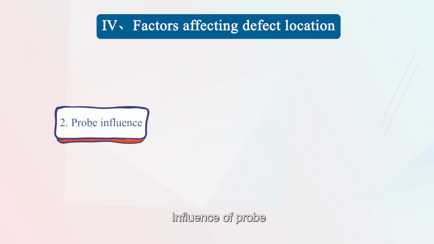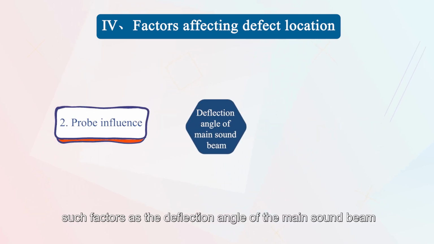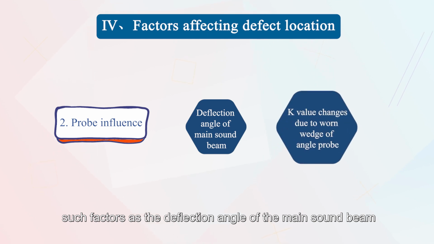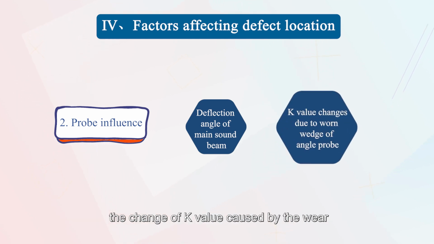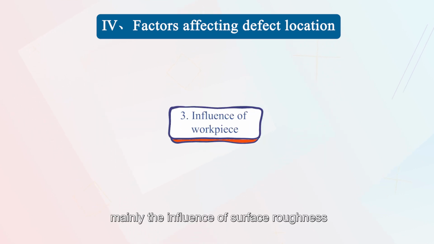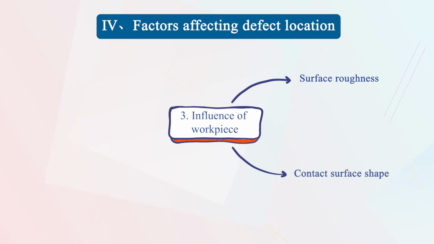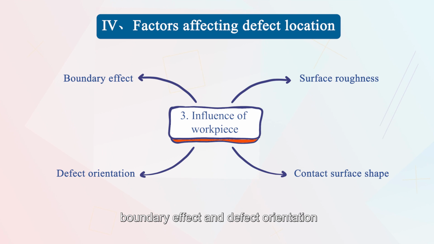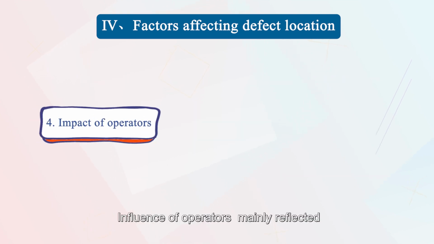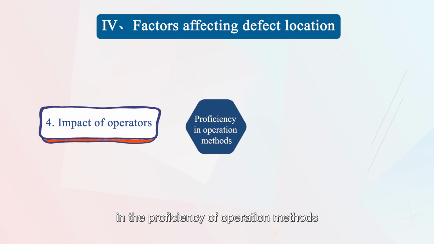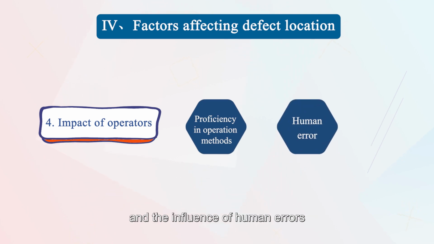The influence of the probe: such factors as the deviation angle of the main sound beam, and the change of K value caused by the wear of the wedge of the angle probe, will affect defect positioning results. Influence of the workpiece, mainly the influence of surface roughness, contact surface shape, boundary effect, and defect orientation. Influence of operations, mainly reflected in the proficiency of operation methods and the influence of human errors.